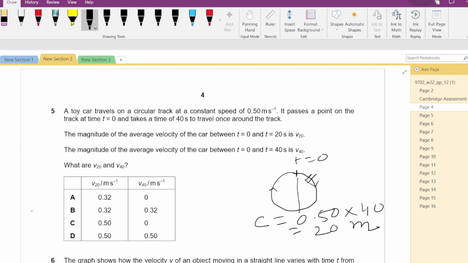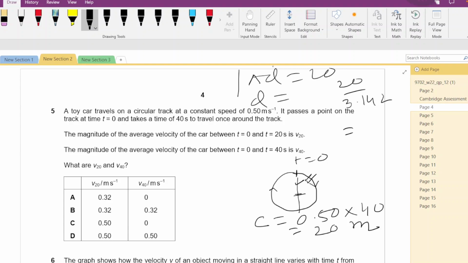Therefore, for the diameter of this circle, pi d equals 20. Therefore d, this length, equals 20 divided by 3.142.